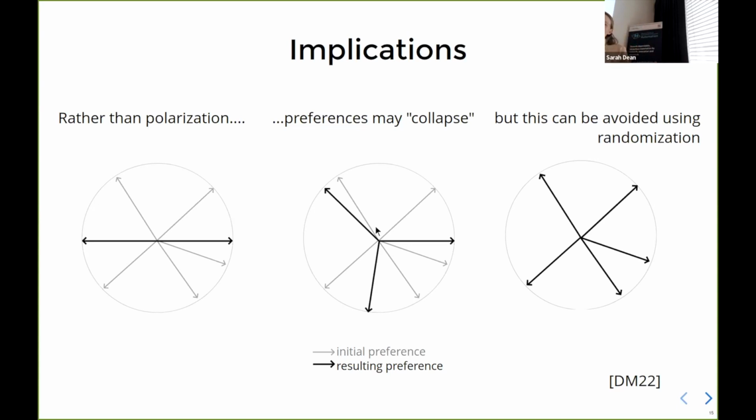And so it's by no means inevitable that you would have this collapse. But the randomization strategy is a bit more complex, and it does require identifying not only the user's initial preferences, but the correct vector representations of all the items, which we don't actually solve, but we do state that you would need to know them.